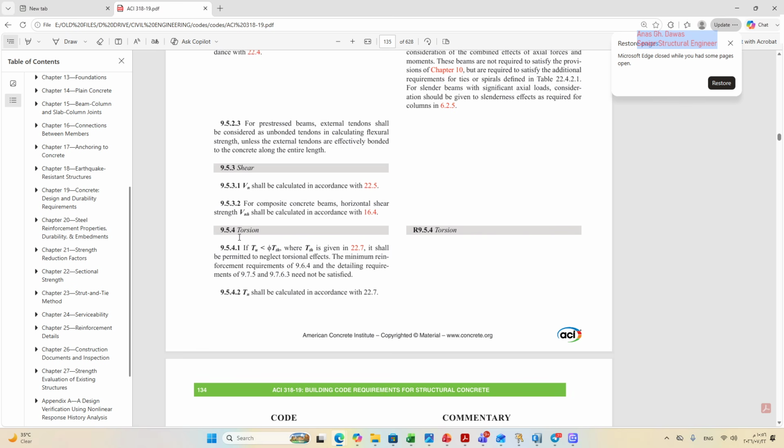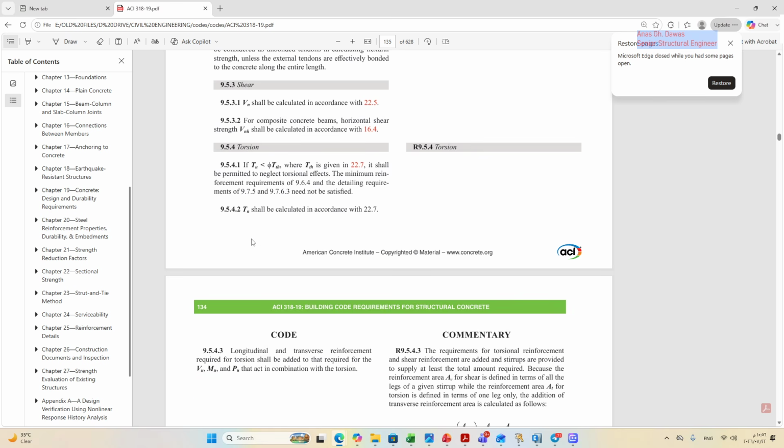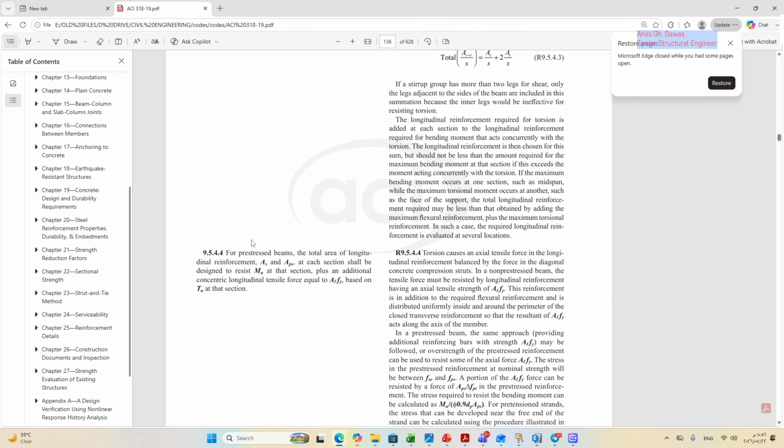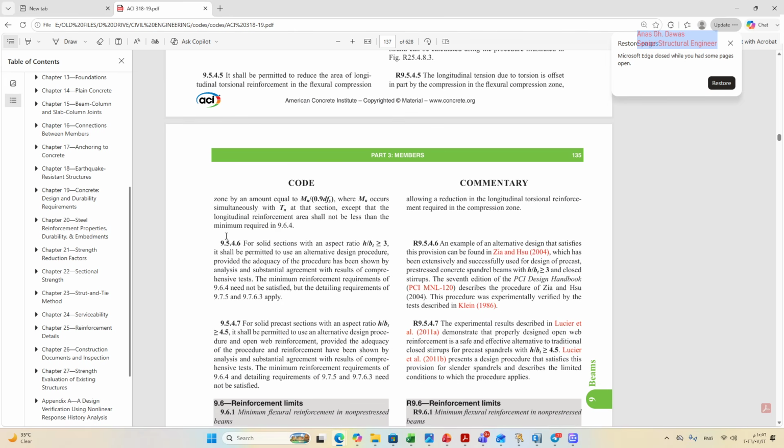Again, if you would like to design the beam for torsion, the code will send you again to Chapter 22, but Section 7, to compute the torsional strength of that beam. And again, you have to come back to this chapter. That's why we call those chapters toolbox chapters.